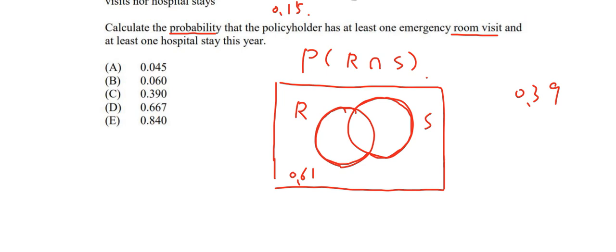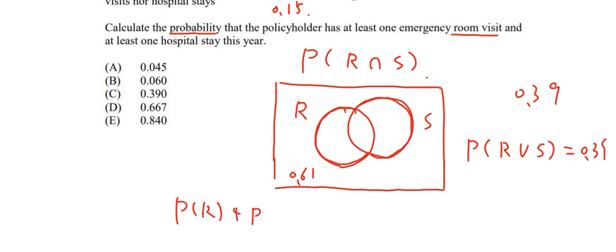So we know this equals 39, so we have P(R union S) equals 39. So P(R union S) equals P(R) plus P(S) minus P(R and S).